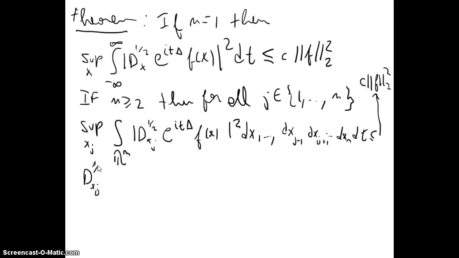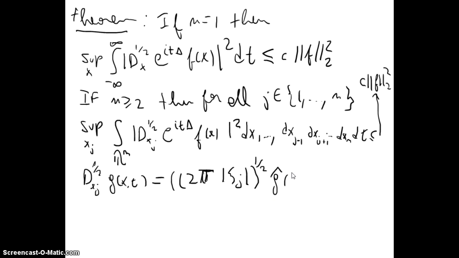D_{x_j}^{1/2} of a function g(x,t) is equal to the anti-transform of 2π ξ_j to the 1/2 times the transform of g at ξ and t.